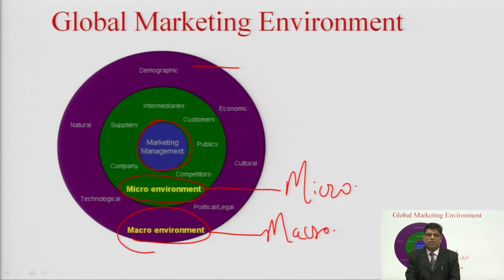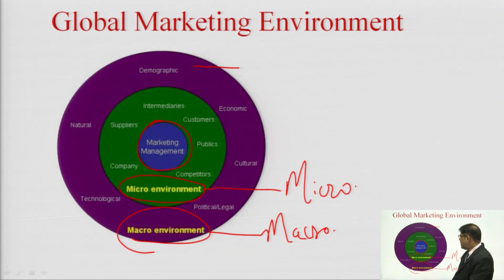So, let me read out certain elements of the micro global marketing environment. The elements of the micro environment are: there are the intermediaries. These intermediaries help the company in taking the products to consumers. So, these are the intermediaries in the supply chain. Then there are the suppliers.